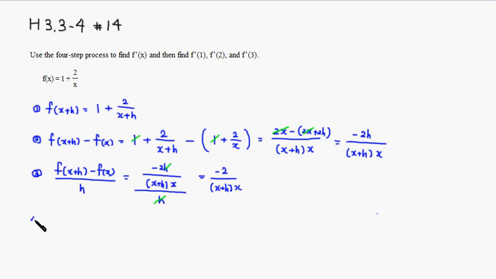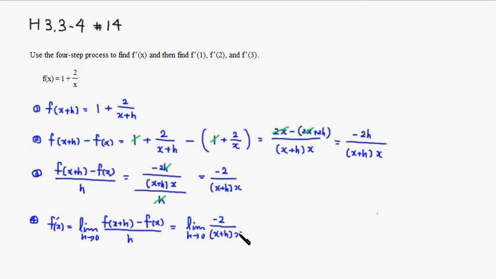And then the last step, remember that the derivative of the function f of x is simply the limit of the difference quotient as h approaches 0. So we have f of x plus h minus f of x over h. This is going to be equal to the limit as h approaches 0, and we found this in step 3, so it's negative 2 over quantity x plus h times x.